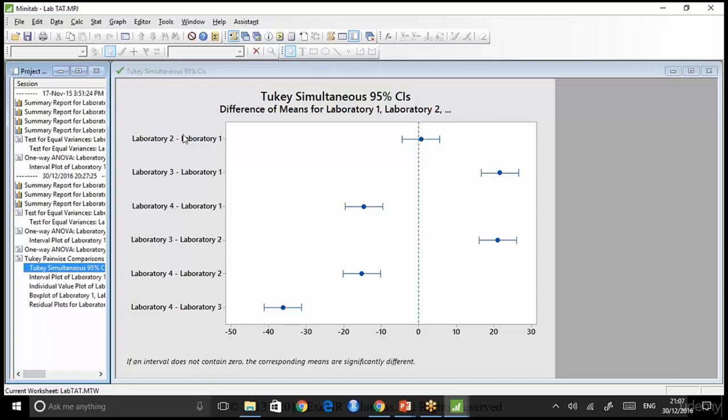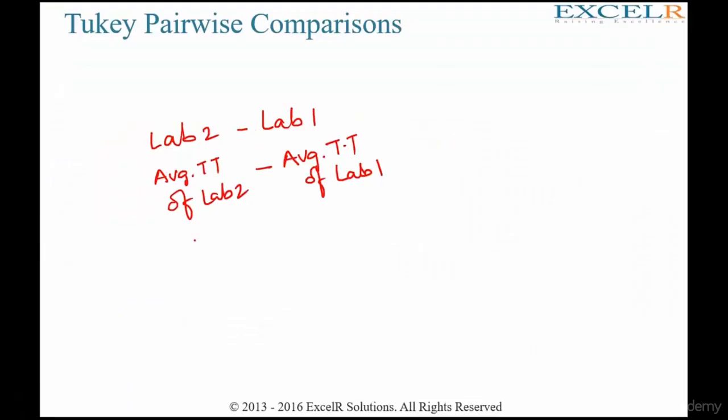But look at that. Lab 2 minus lab 1 contains this blue dotted line. So within the confidence interval, you have that particular 0 which is falling there. What does that mean? If the average transaction time is 6 here, and here also 6, then 6 minus 6 is 0.